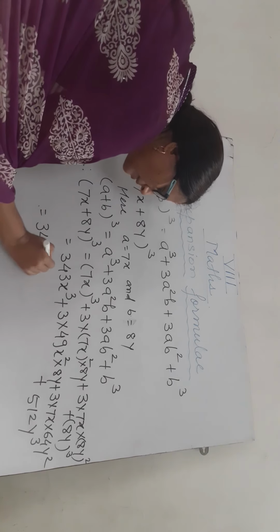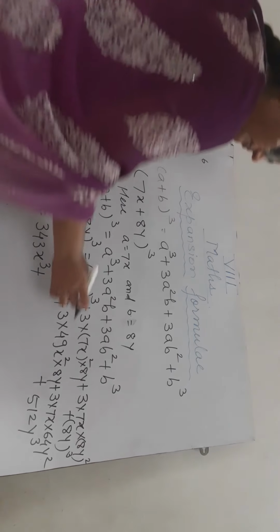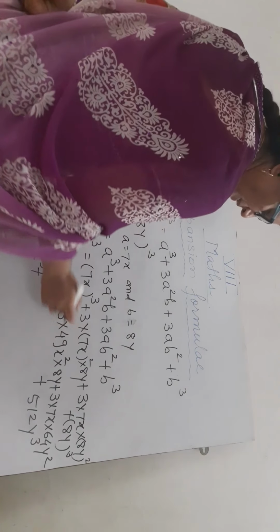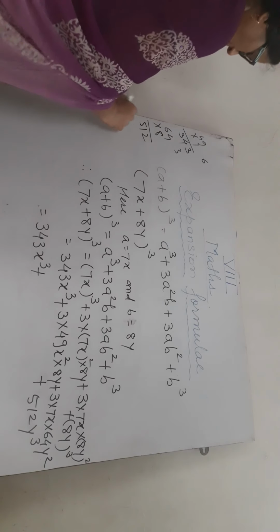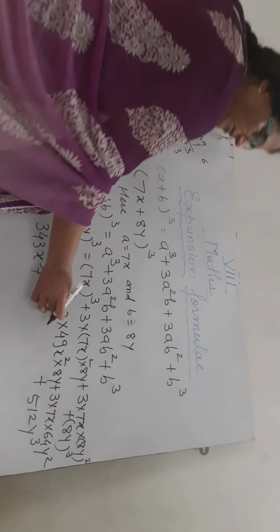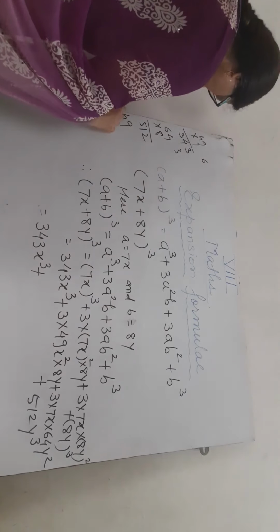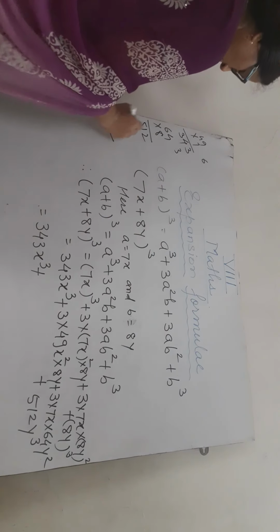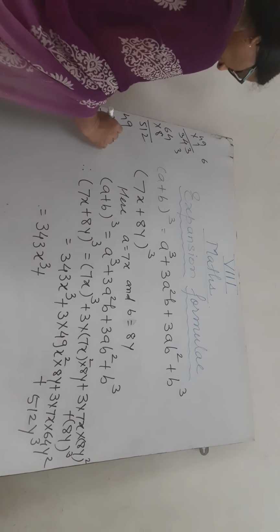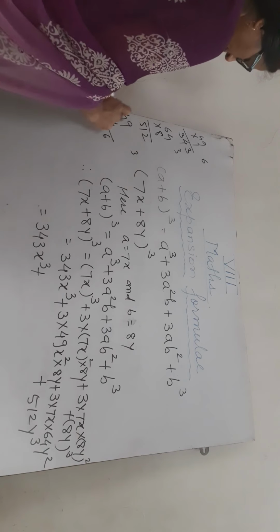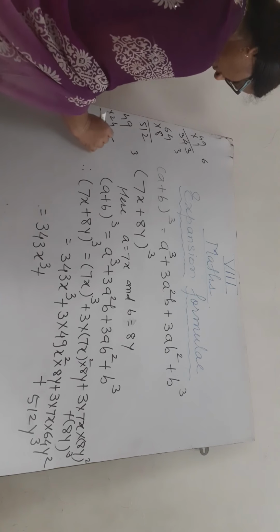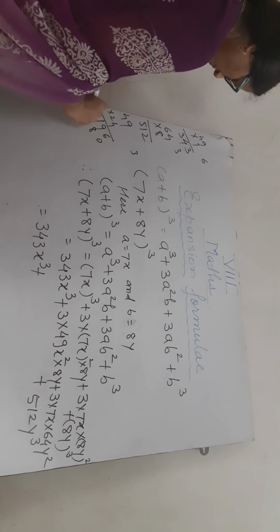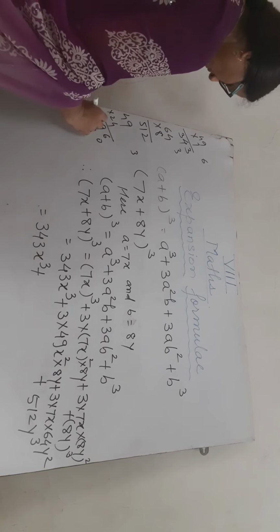Okay, is equal to, now 343 x cube plus 49 multiplied by 3 multiplied by 8. What is the multiplication? 49 multiplied by 8 3s are 24. 4 9s are 36, 3 is carry. 4 4s are 16 plus 3, 19. 2 9s are 18. 2 4s are 8 plus 1, 9.